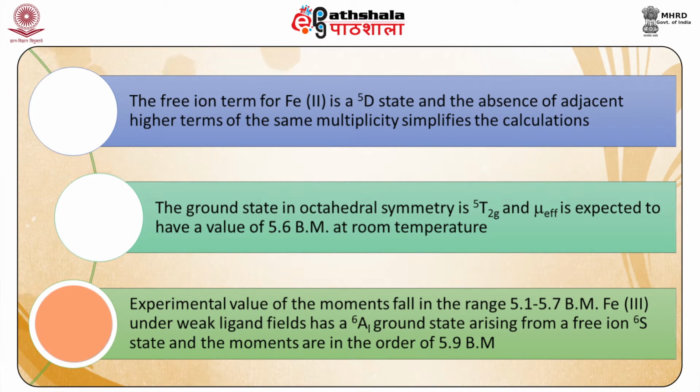Experimentally, moments of 5.1 to 5.7 Bohr magneton are observed. Fe3 plus in weak ligand fields has a 6A1 ground state coming from a free ion 6S state, and moments of the order of 5.9 Bohr magneton are generally found.